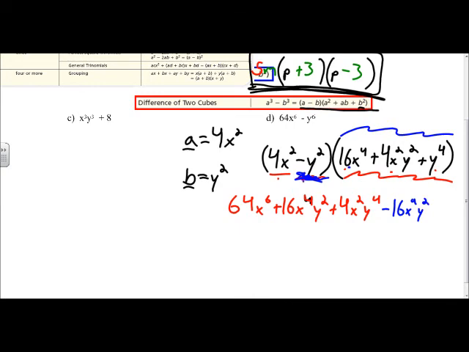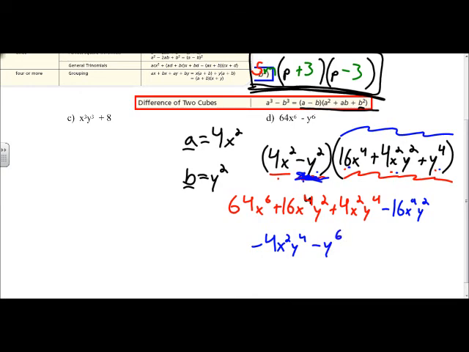Negative y squared times 4x squared y squared is going to leave us with negative 4x squared y to the 4th, and negative y squared times y to the 4th leaves us with negative y to the 6th.